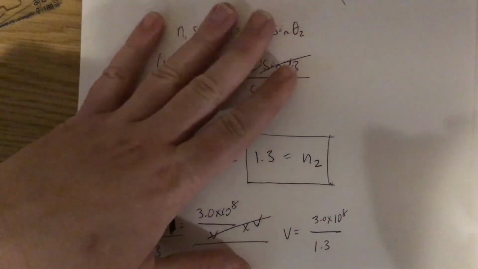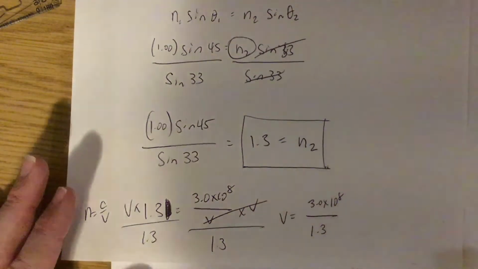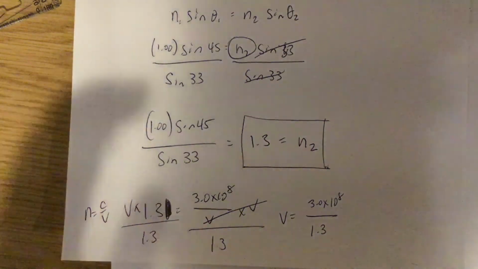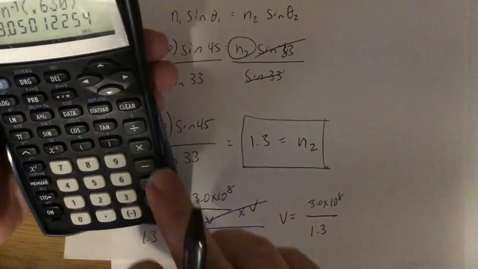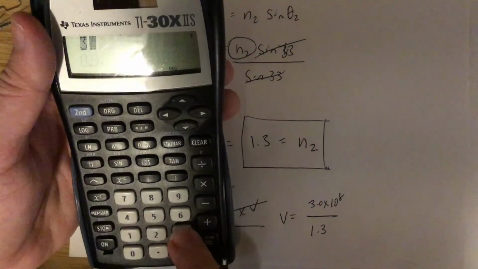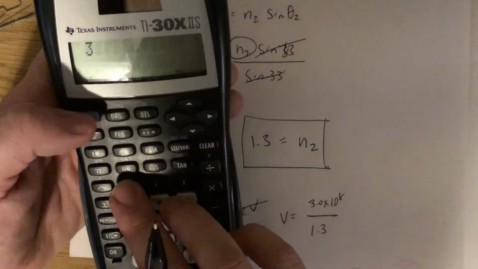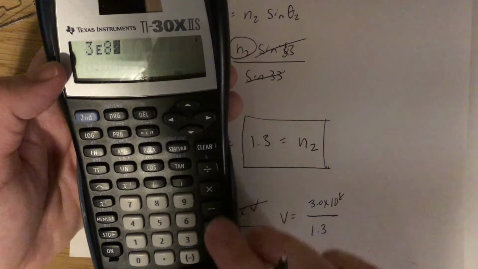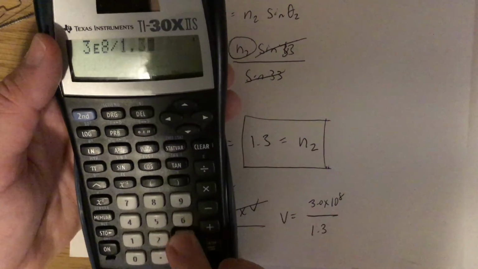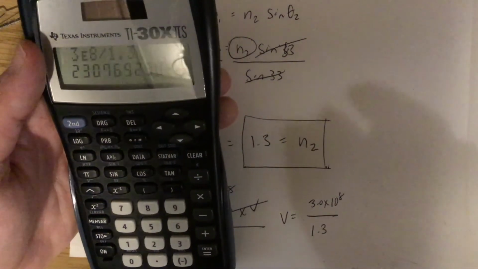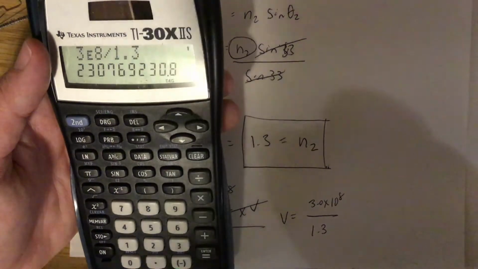So if I take that, I stick it in my calculator, and I have 3 times 10 to the 8th, and then divided by 1.3. Here I end up with 2.3 times 10 to the 8th.